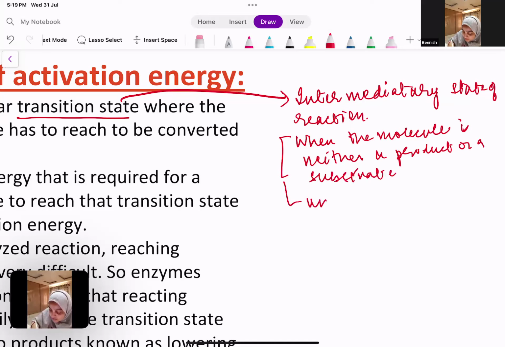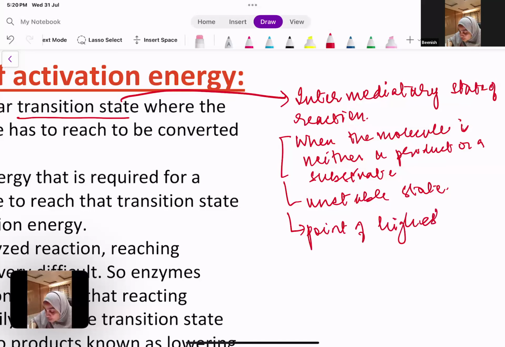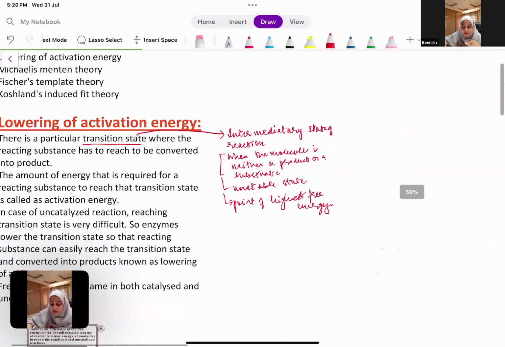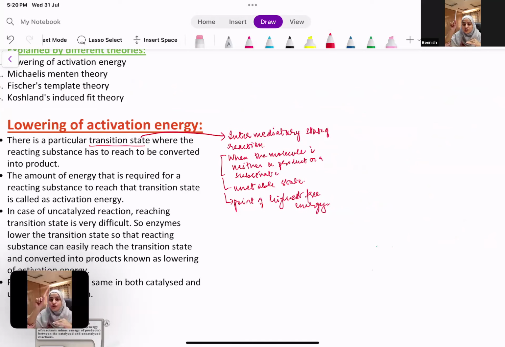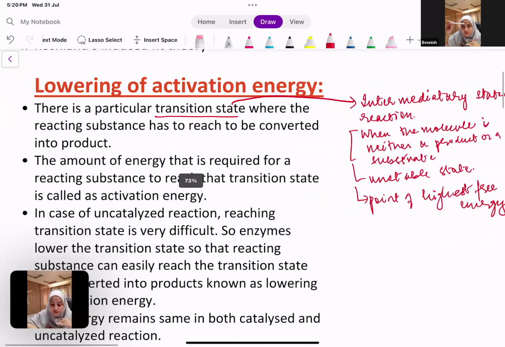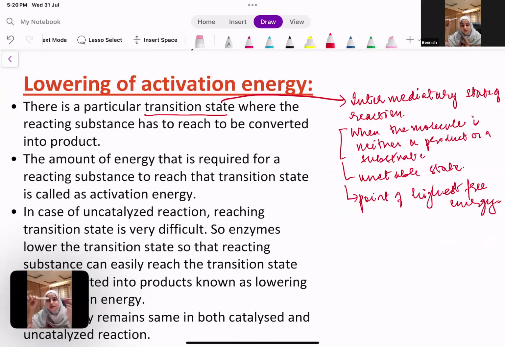It is an unstable state and will change into product soon. Okay, and it is the point of highest free energy. So what happens is your reactants have a certain energy. They have to reach a state known as the transition state. That is the point of highest free energy, and then they'll be converted into products.